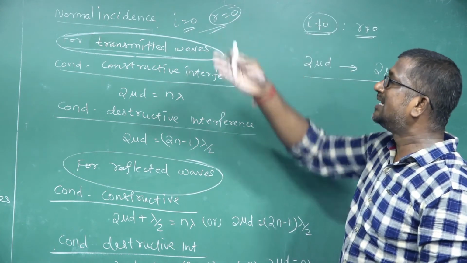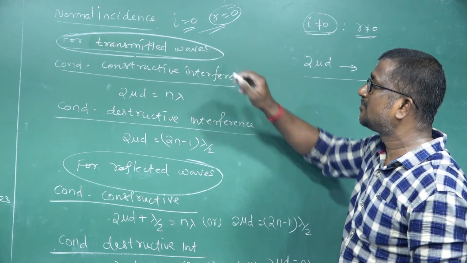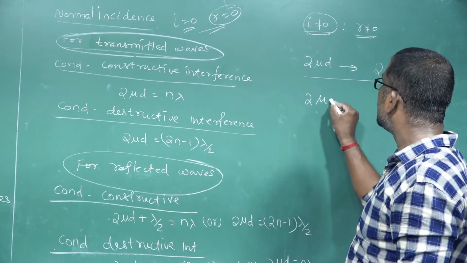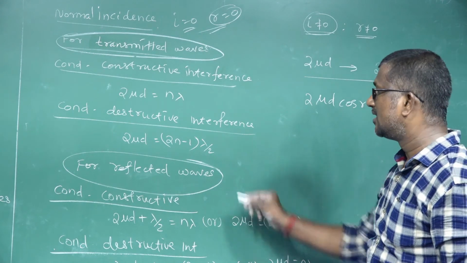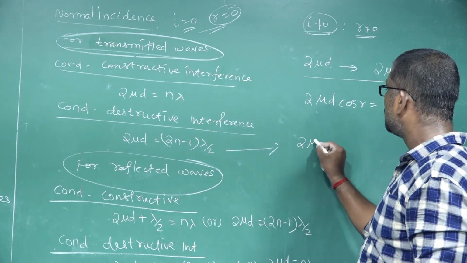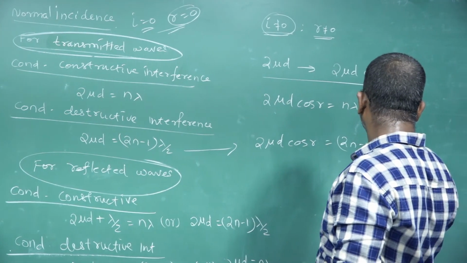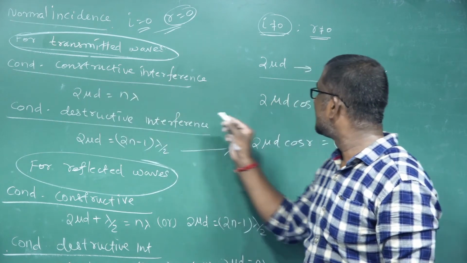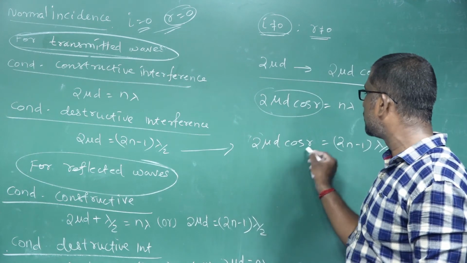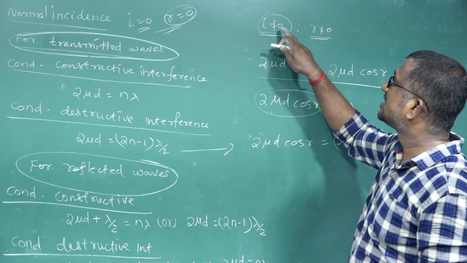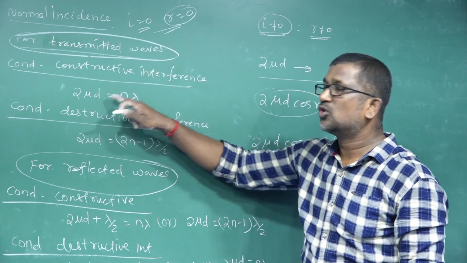Other than normal incidence, the condition for constructive interference for transmitted waves becomes 2μd cos r = nλ, and destructive interference becomes 2μd cos r = (2n−1)λ/2. Just 2μd is replaced by 2μd cos r if the angle of incidence is not equal to 0. If the angle of incidence is 0, just 2μd, no need for cos r.